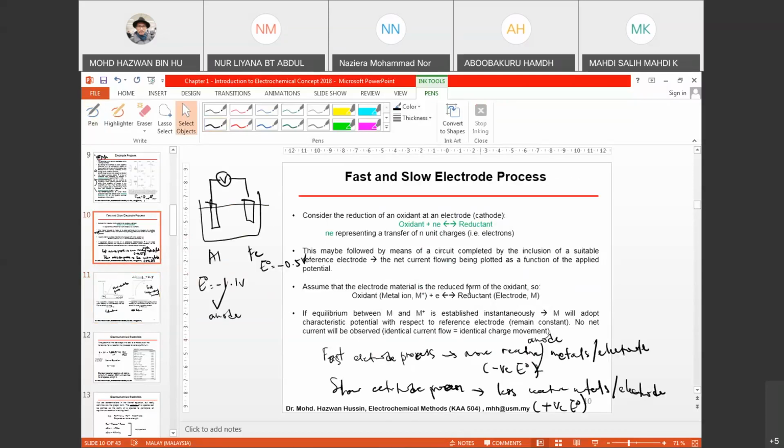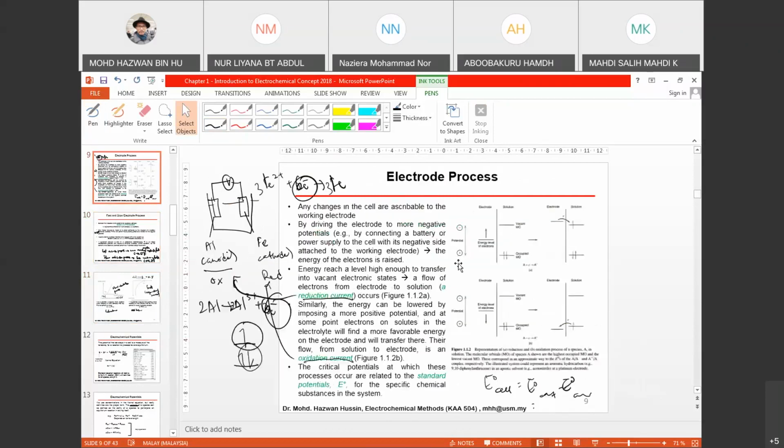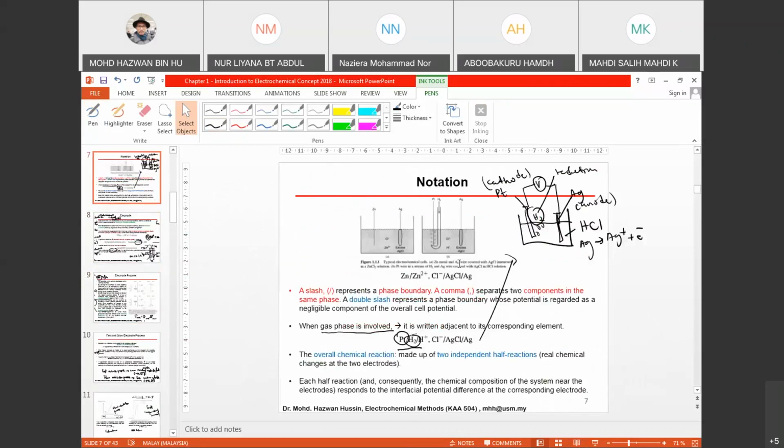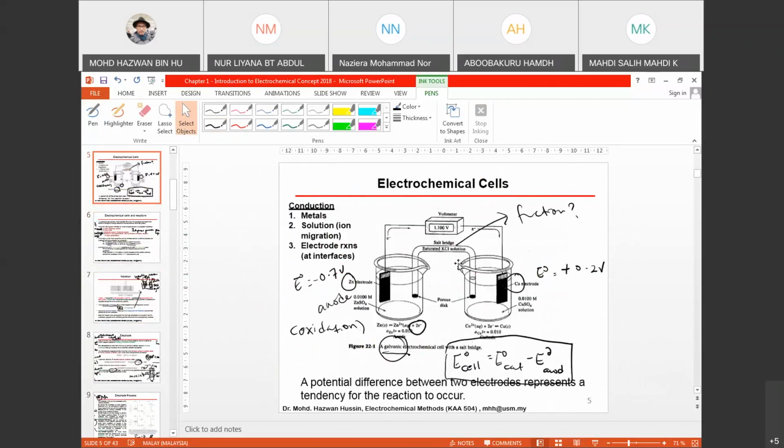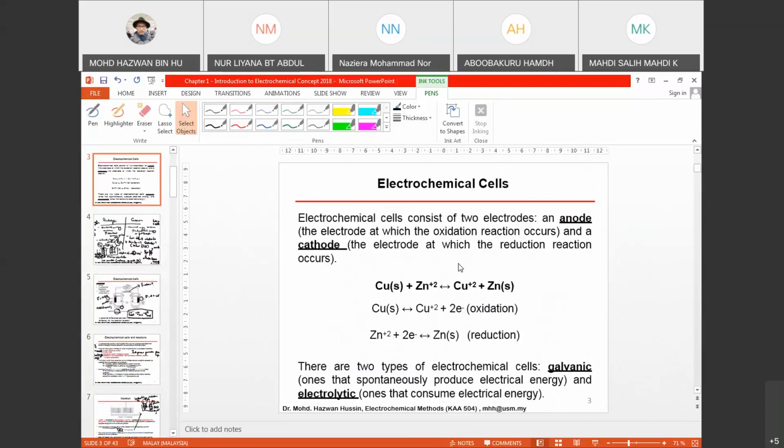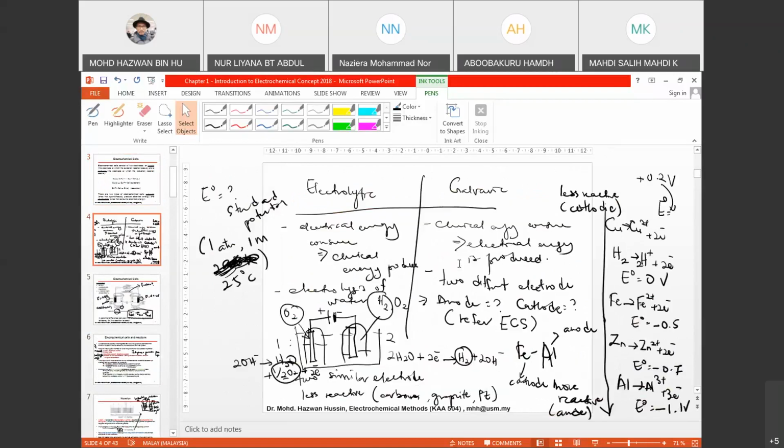Is it this one? No, the previous one, I think it's three or four slides back. Which one? This one? No, before this. Yeah, this one.